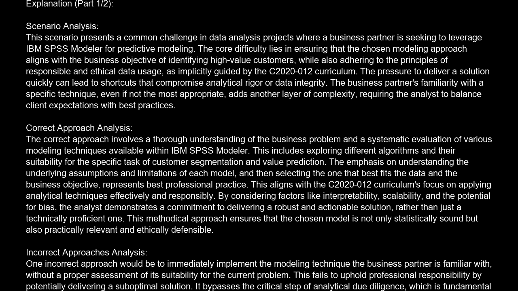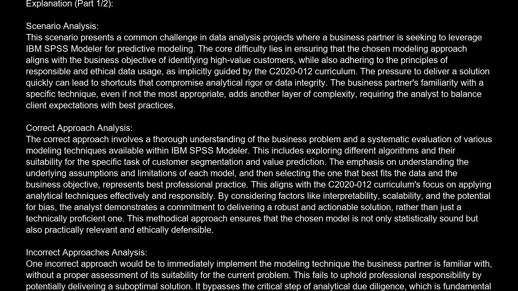Explanation. Scenario analysis. This scenario presents a common challenge in data analysis projects where a business partner is seeking to leverage IBM SPSS Modeler for predictive modeling. The core difficulty lies in ensuring that the chosen modeling approach aligns with the business objective of identifying high-value customers, while also adhering to the principles of responsible and ethical data usage, as implicitly guided by the C2020-012 curriculum.